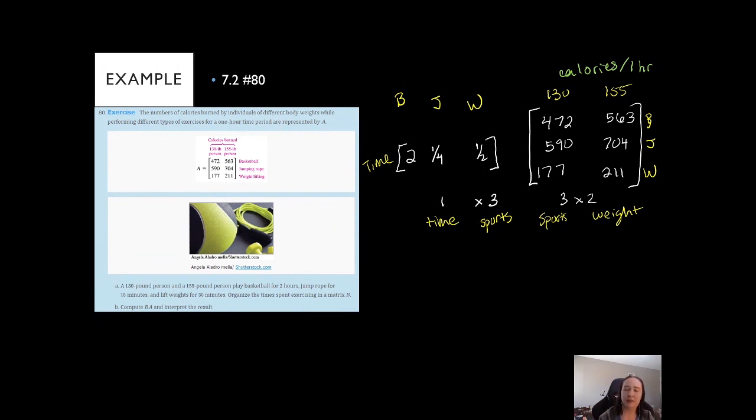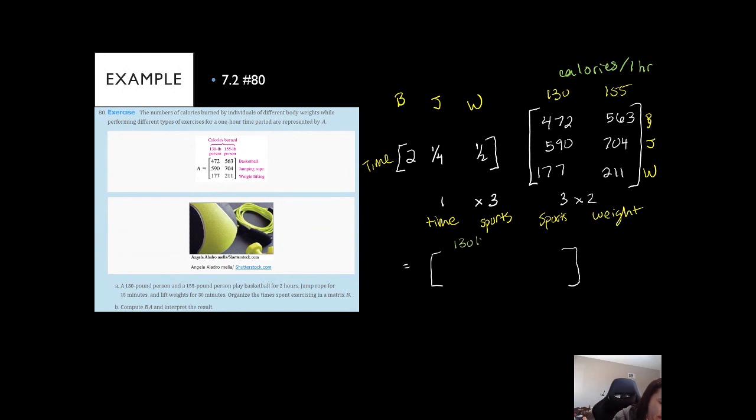Our matrix B is what we have on the left, 2, 1/4, 1/2, and then we're doing B times A. And I'm going to use, again, technology for this to do the multiplication. And our result is going to be a 1 by 2, which is going to give us the total time for each person. Let me do this in a different color.